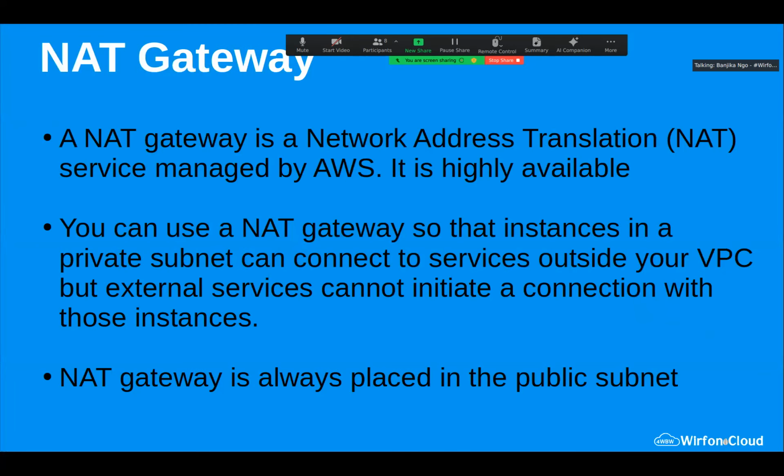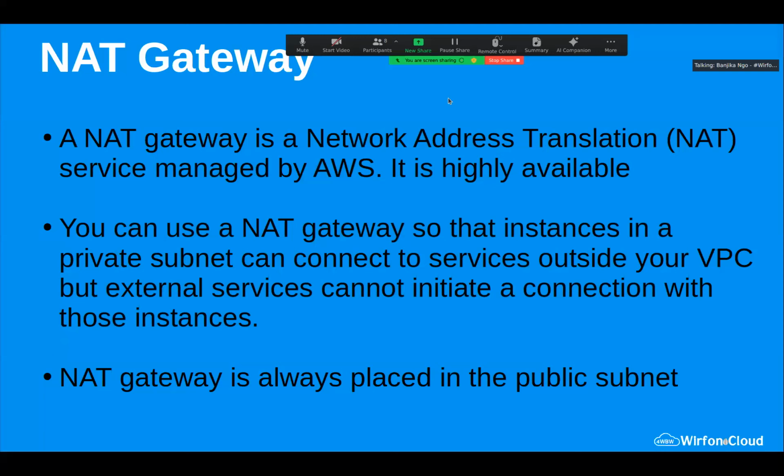So we are talking about NAT gateways, right? NAT stands for network address translation, and it enables instances in your private subnet to connect to services outside your VPC, but external services cannot initiate a connection, and this is very important. Also, NAT gateways are always placed in the public subnet.